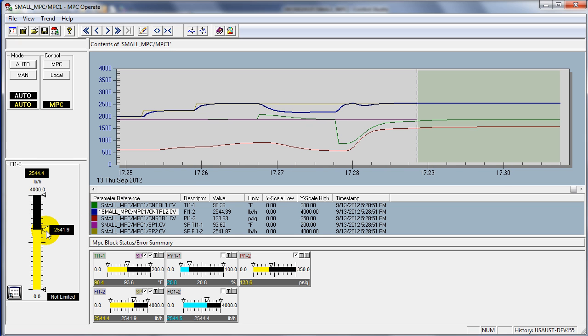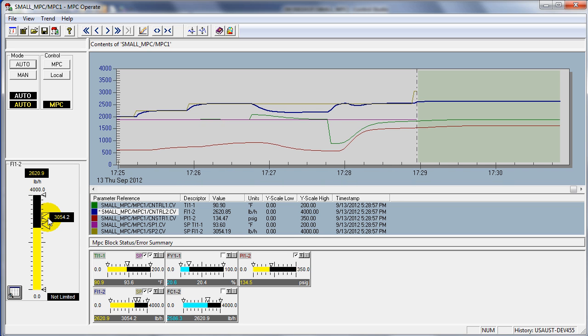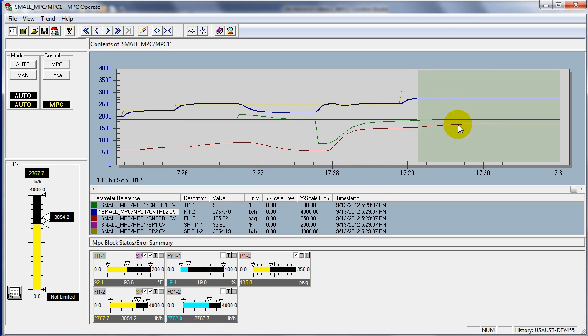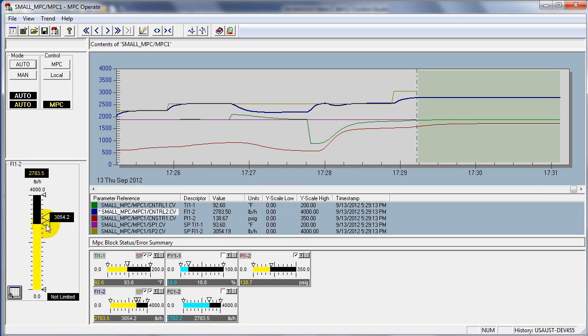To demonstrate the pressure constraint, we'll increase the throughput target. When we do that, we notice that the flow is increased to the unit, but as the pressure starts to approach the pressure constraint, the throughput is maintained at a value below the operator target, just at the point where the pressure is going to be right at the pressure constraint.